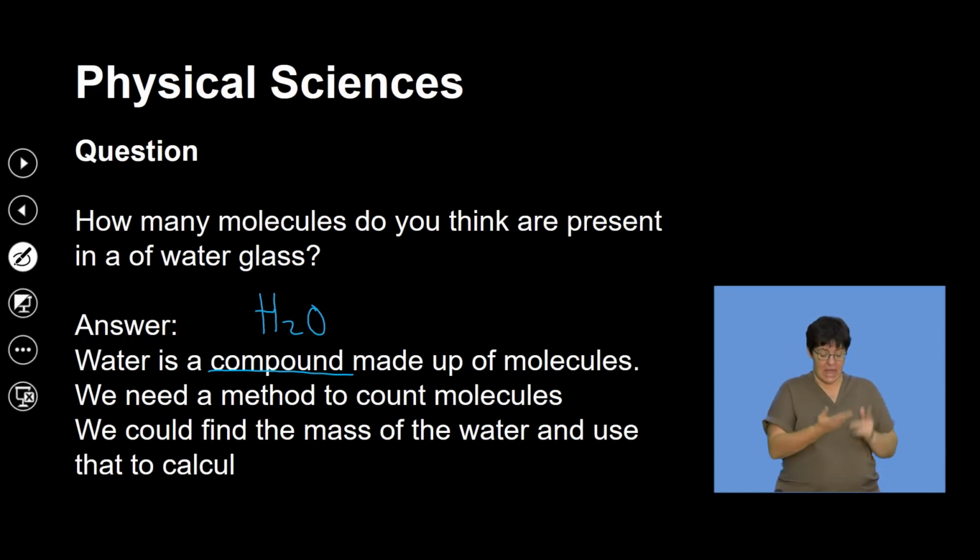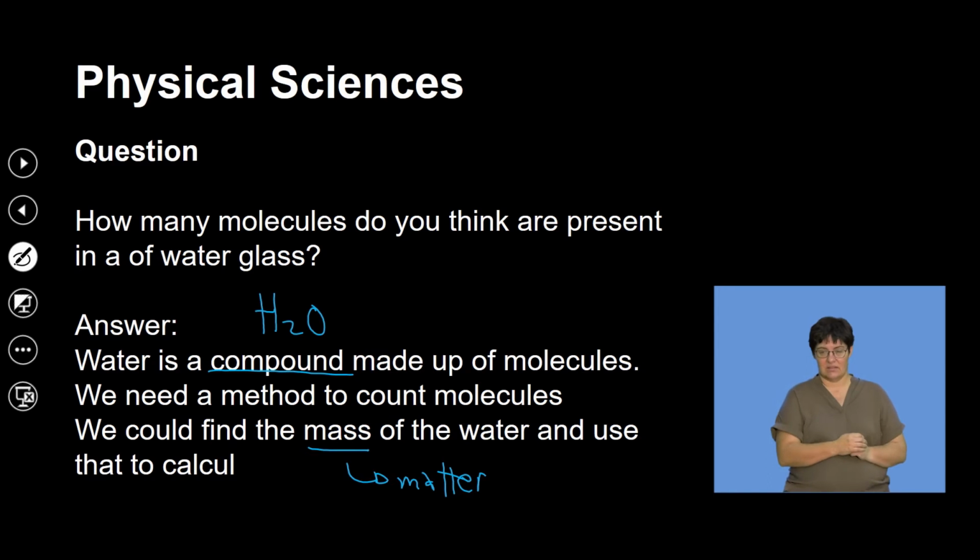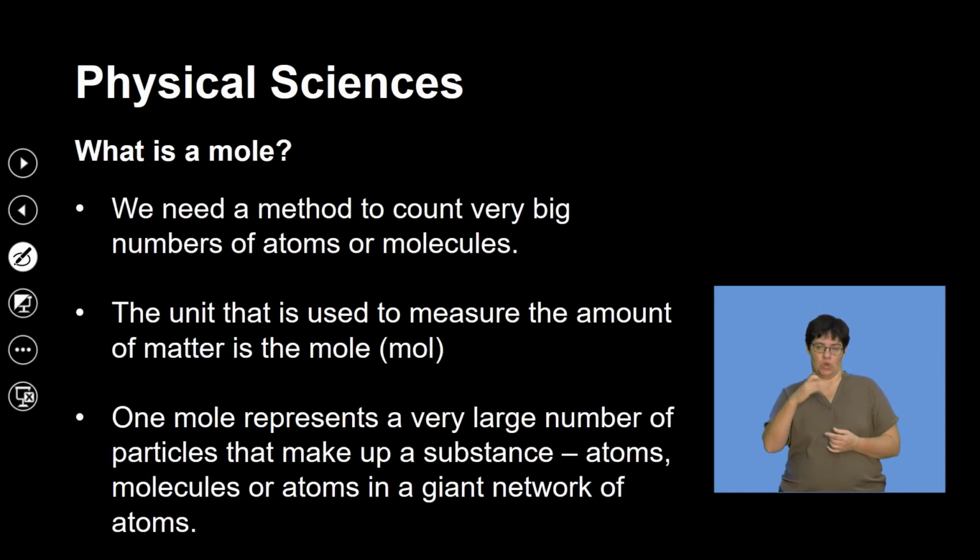We could find the mass, so now we are quantifying how much matter. So this is amount of matter, okay? Remember, matter is anything that has mass and can occupy space. So mass is amount of matter, okay? And we use that to calculate the actual number of molecules, right?